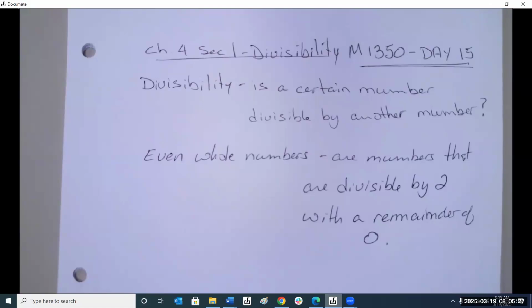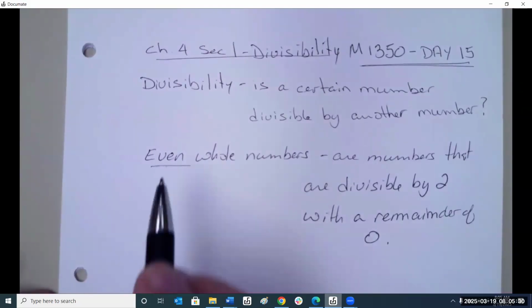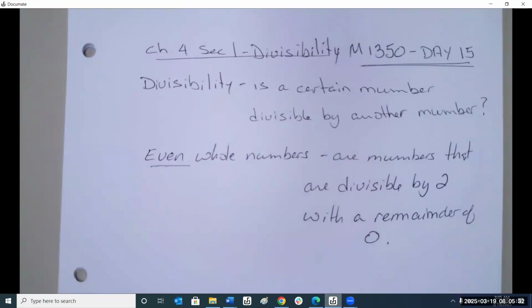What does that mean? An even whole number, if it's divisible by 2 with a remainder of 0.